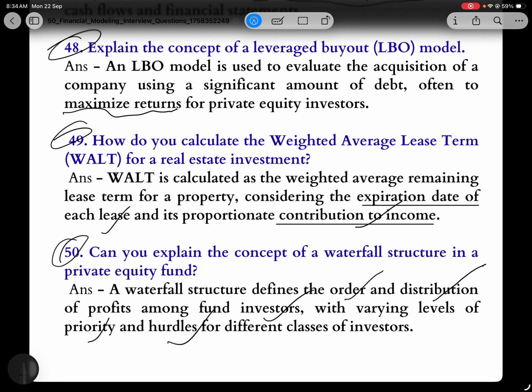Okay, so it's just showing the return that the company generates and how it can be distributed across all these different investors in terms of their own priority, in terms of their hurdle rates. Okay, so it just provides how much you can expect from the company perspective, and then the change in different hurdle rates for different classes of investors. So it's mostly used for fund management or asset management companies, who normally tend to use this to pitch to any investors and stuff, right?